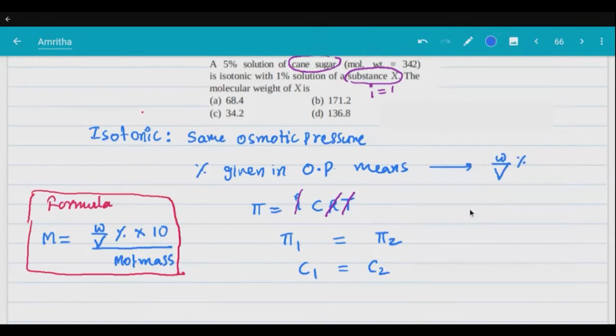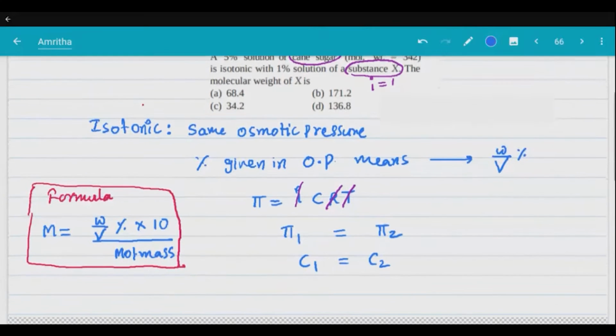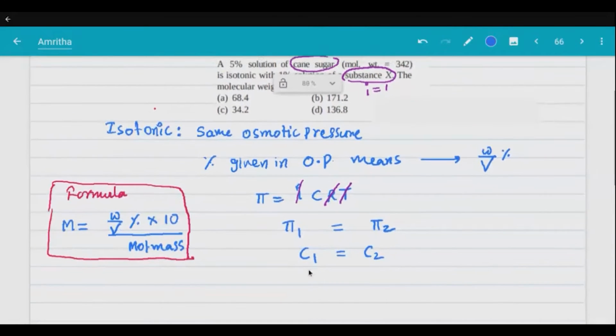So how will we use this? C1, let us say this is the cane sugar solution: 5 into 10 by the molecular mass of cane sugar, which is given as 342. That is equal to 1% into 10 by M. We don't know the molecular weight, so you can directly calculate this now. What is the correct answer? Can you tell me quickly?